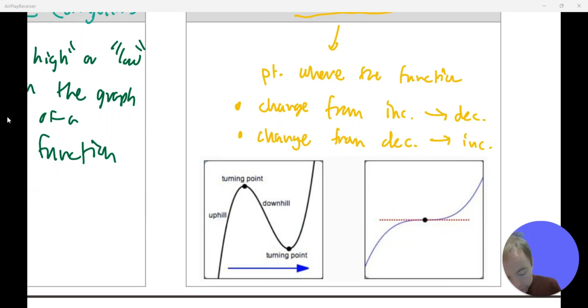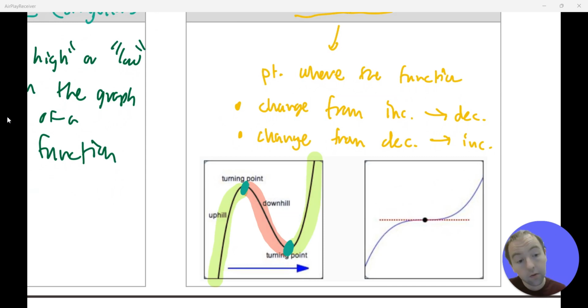So looking at this very first picture right here, you'll see that the function increases on that green interval, and then on this red interval right here, it's decreasing, and then the function starts increasing again on that green interval, right? So at this particular blue point right there, and this particular blue point right there, those are classified as turning points because they're the points on the graph of the function where the function changes between increasing and decreasing.